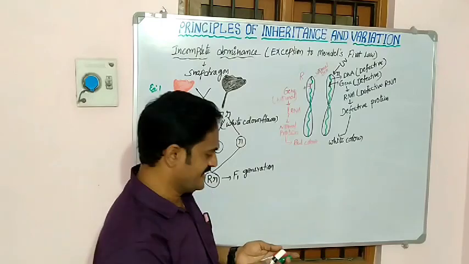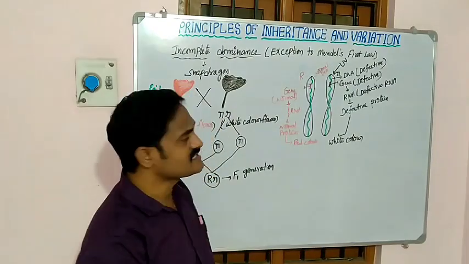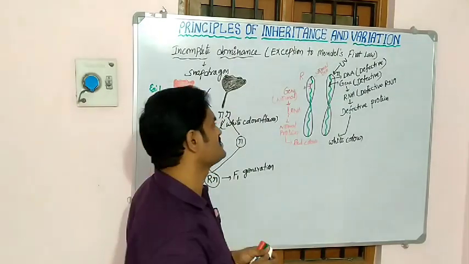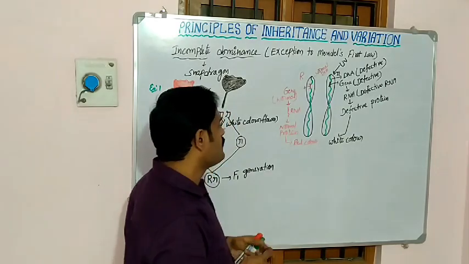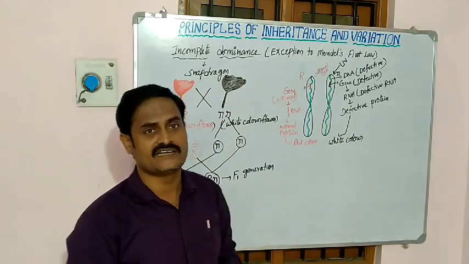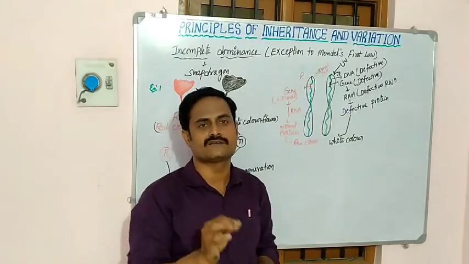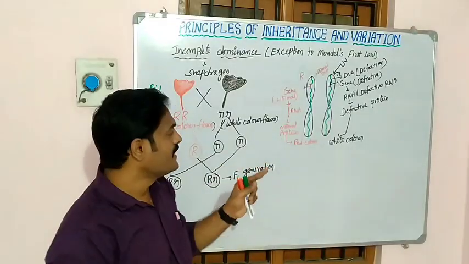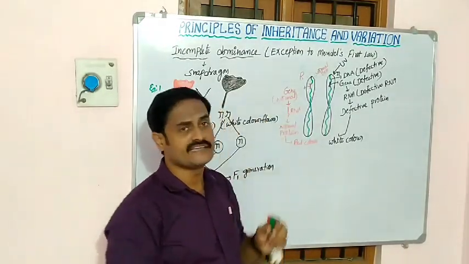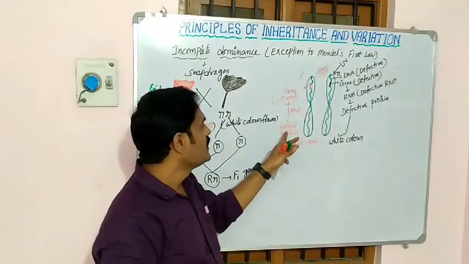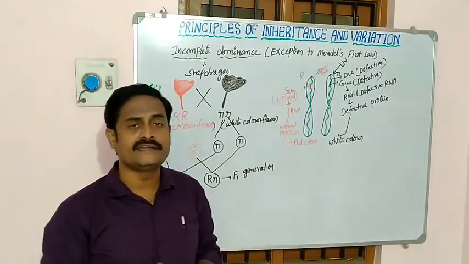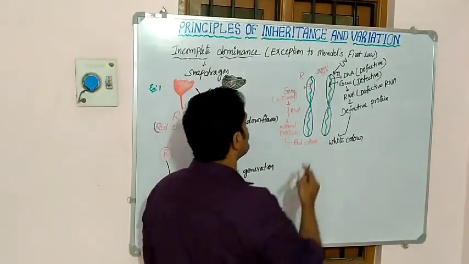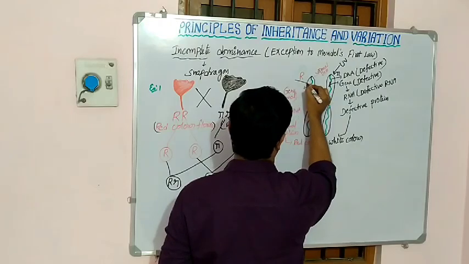So in this case, here some changes we notice. What are the changes? If the formation of red color needs, suppose, 100 grams of protein, but this gene or this RNA produces only 50% of protein.